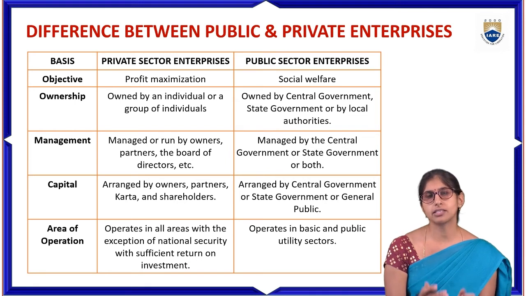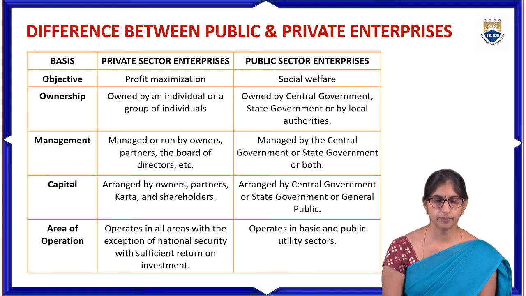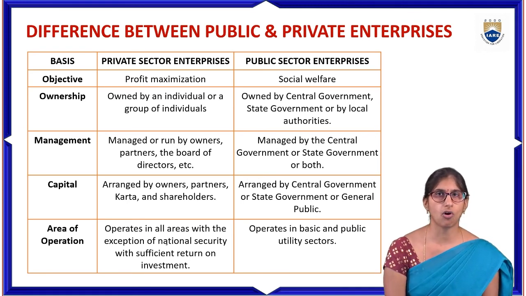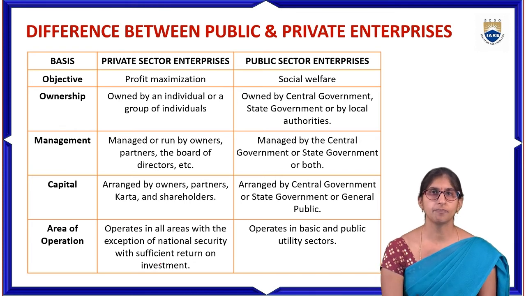And the next one is area of operation, how they are going to operate. Okay, so a private limited company operates in all areas with the exception of national security, wherever there is sufficient return on investment.